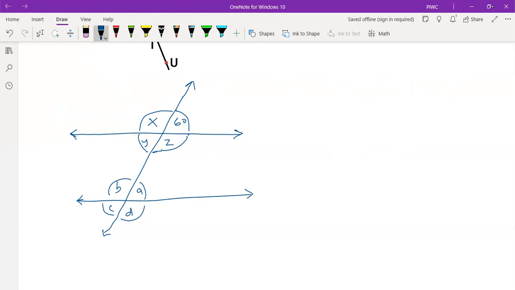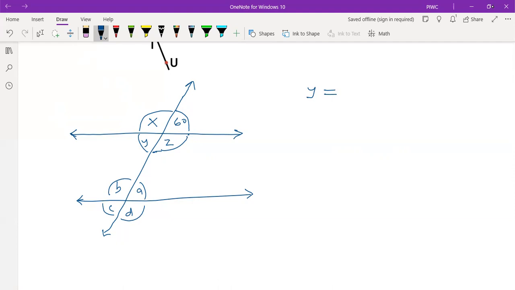So for angle Y, we know that this will be equal to 60 degrees, because directly opposite, these are the two lines intersecting here. So because the transversal and the parallel line intersect here, at this point we've created vertical angles, right?